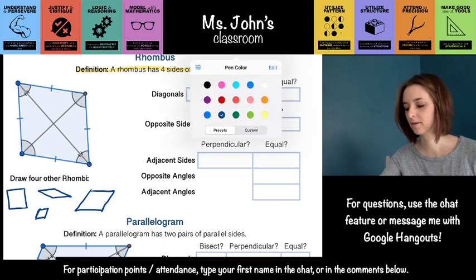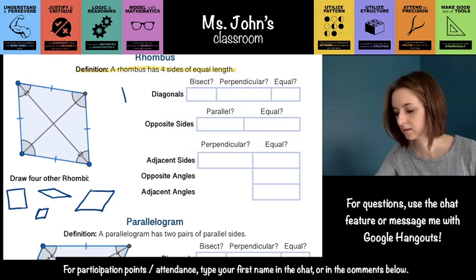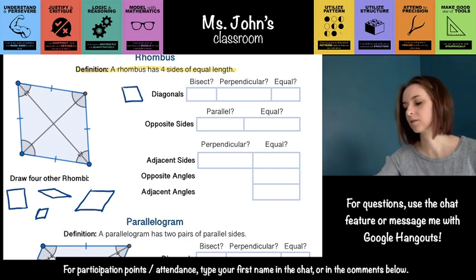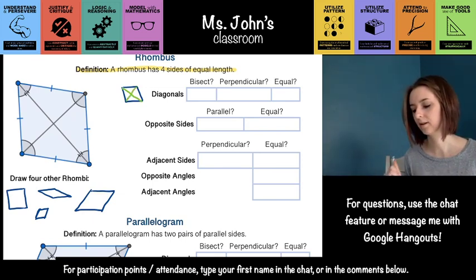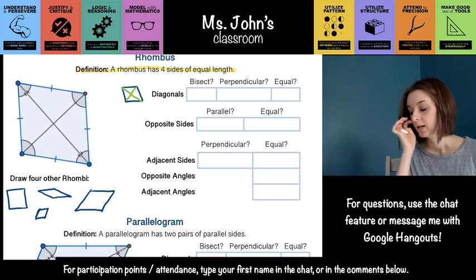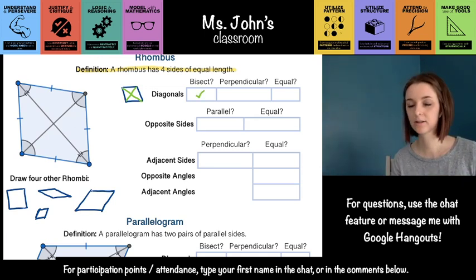So let's talk about diagonals. In a rhombus, the diagonals are the ones that diagonally cut it, of course. Hopefully you've got that pretty down by now. In a rhombus, they do bisect each other, so that means the two diagonals cut each other in half.